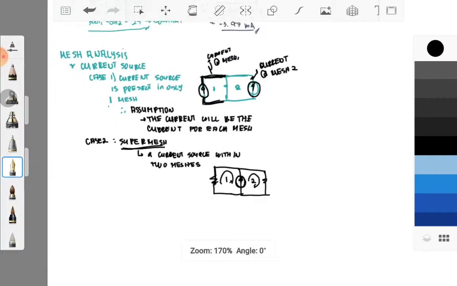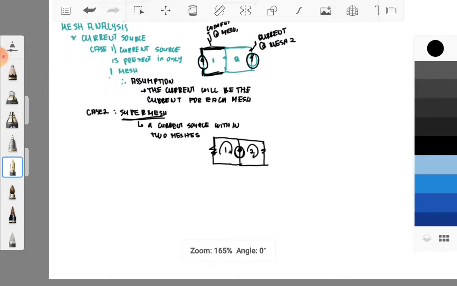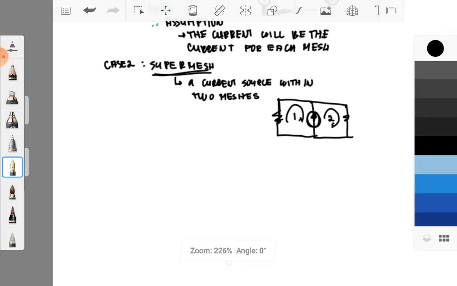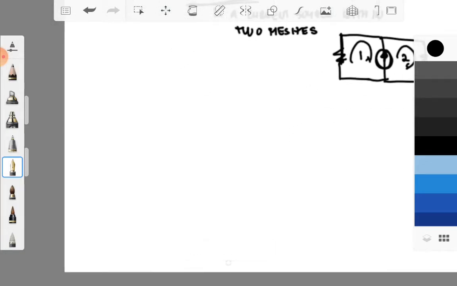Okay? So, in our second example, case 1 muna tayo. Case 1 example. Okay?